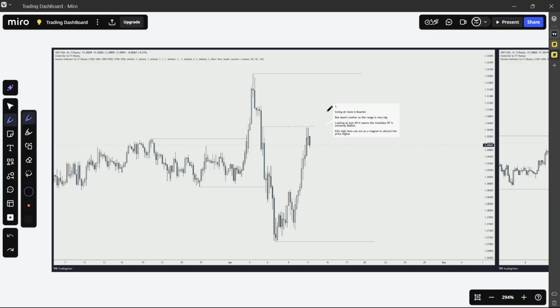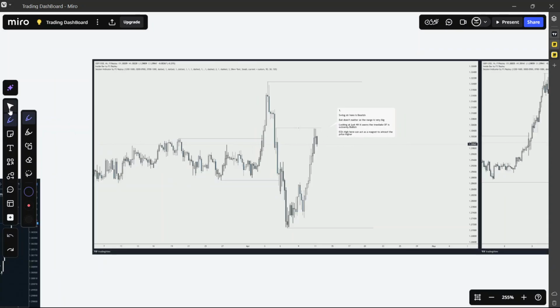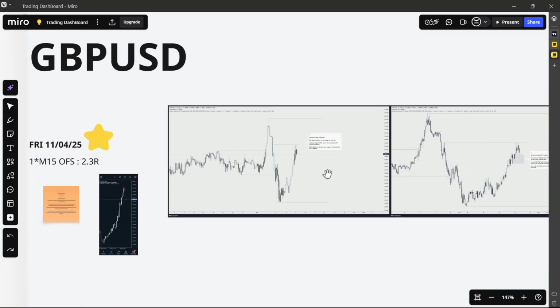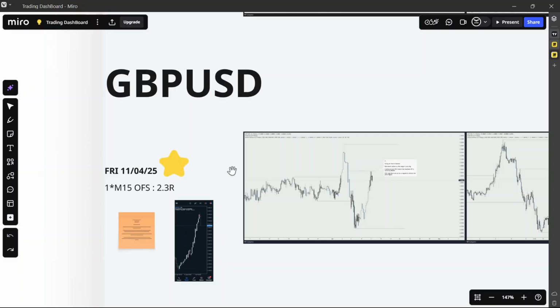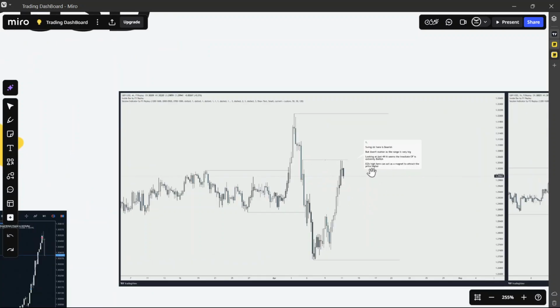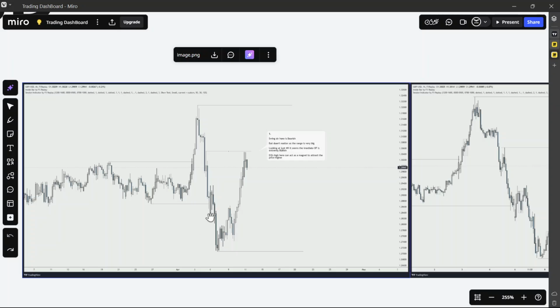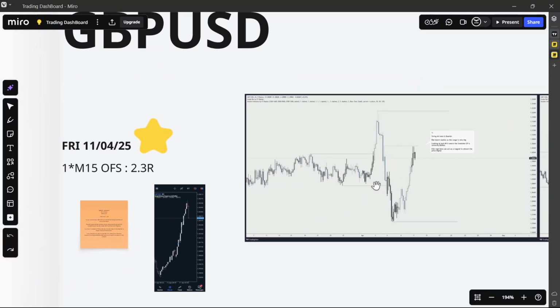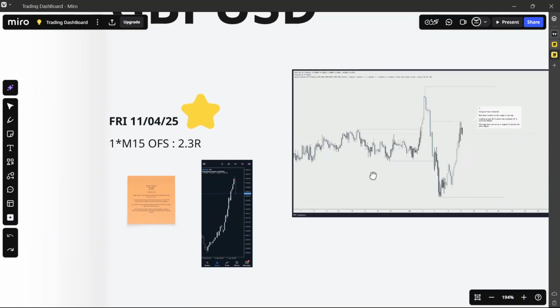I use FX Replay to pre-populate all the writing. I was not able to get onto the live chart so quickly, so I did not have time to write all this. I just saw all this happening at the moment, and it was really quick. That is why I use FX Replay to pre-populate.